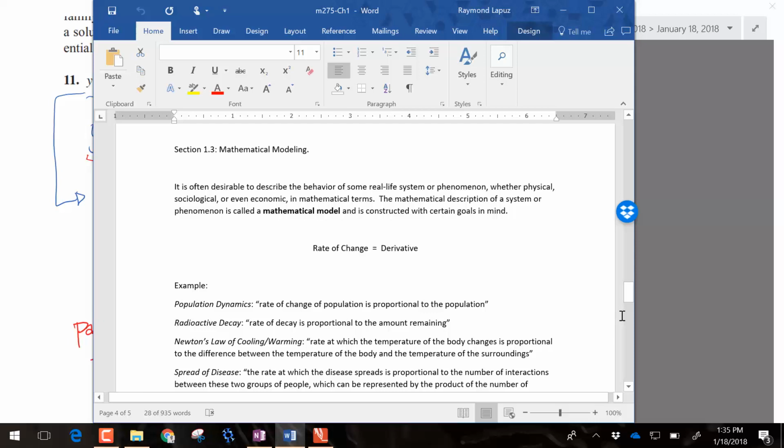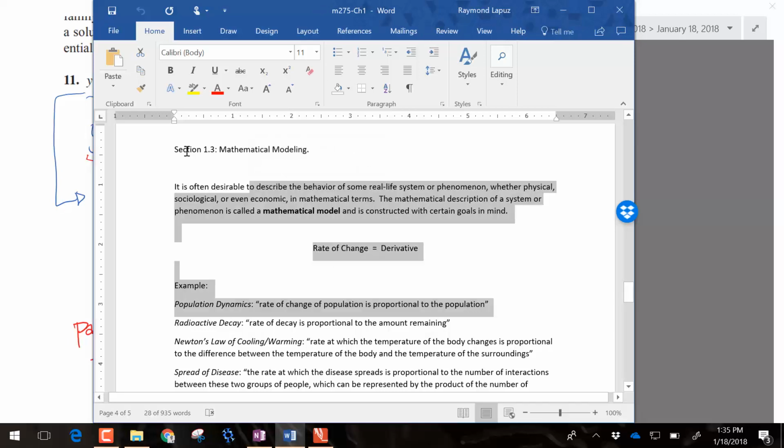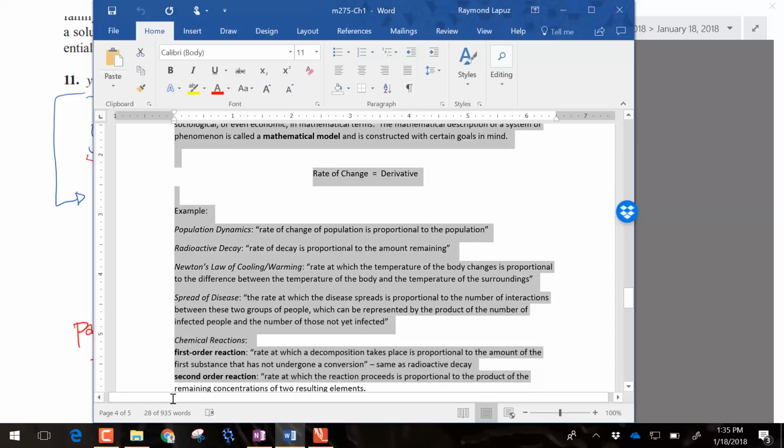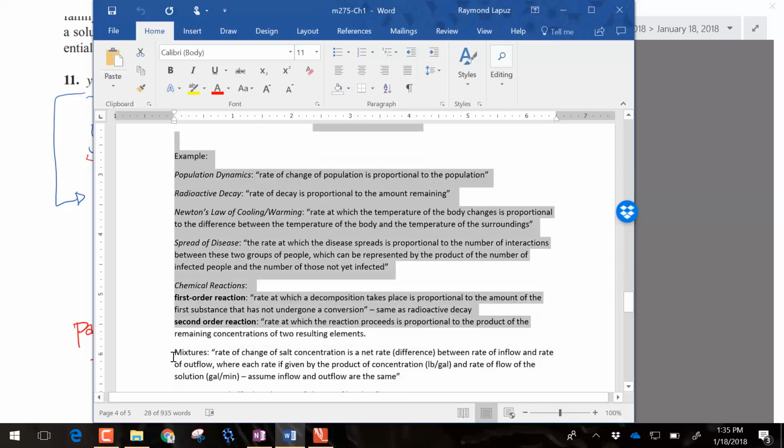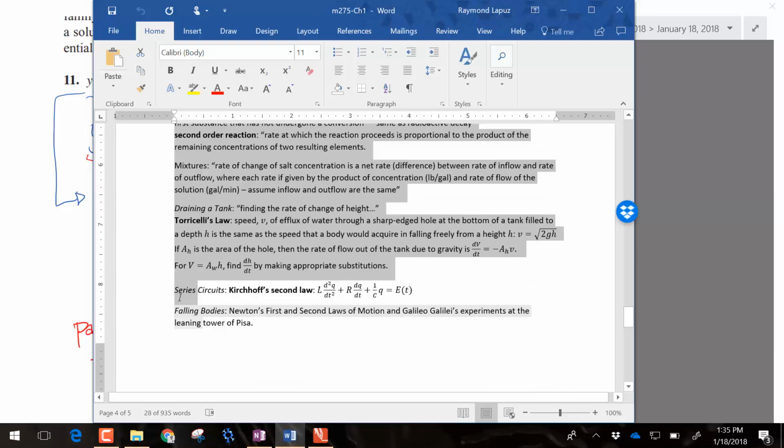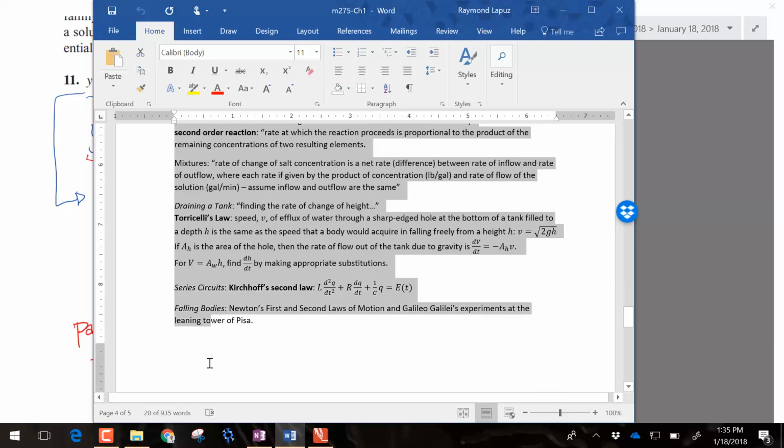Anyways, the big deal is that whenever you hear a rate of change, you got to think of derivatives. So maybe I'll just put it in the notes and then you guys can figure it out. Wow, a lot of them.